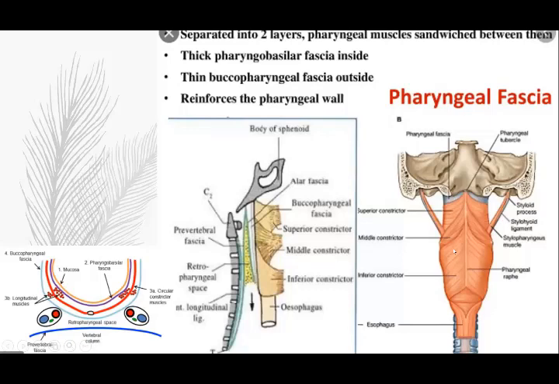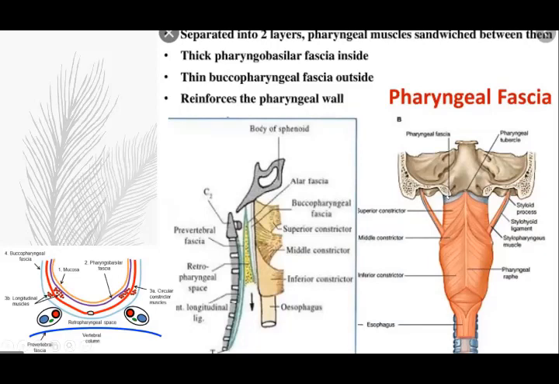So if we have one fascia on the inside of these layers of muscles, we have the other fascia lying on the outside of the layer of muscles. So आप ये देख लें कि ये जो muscles हैं, they are sandwiched between the two layers of fascia. अब वो दो layers of fascia क्या हैं?